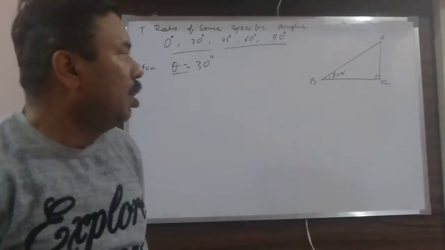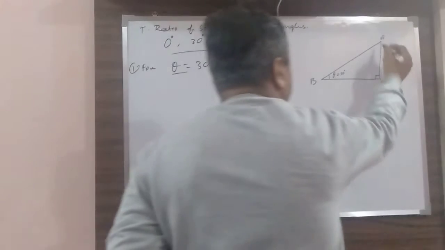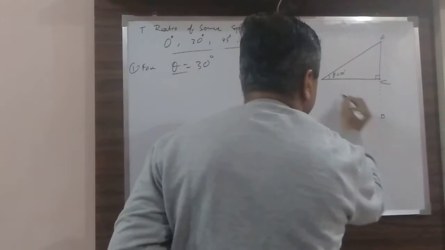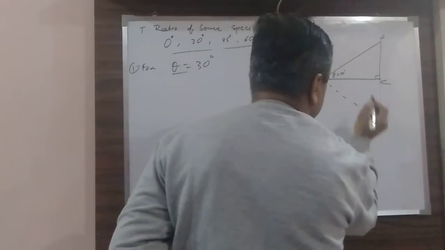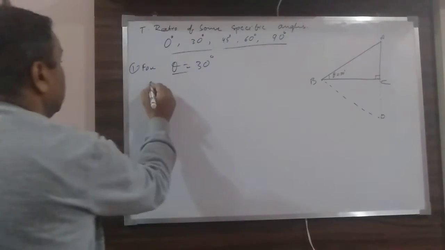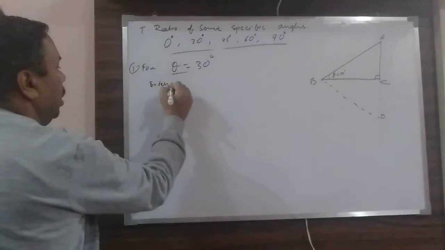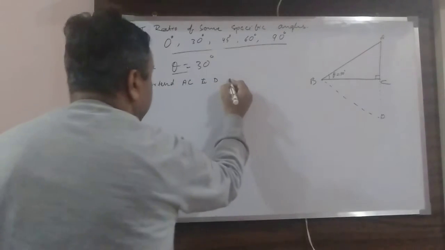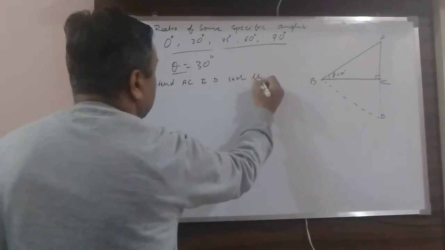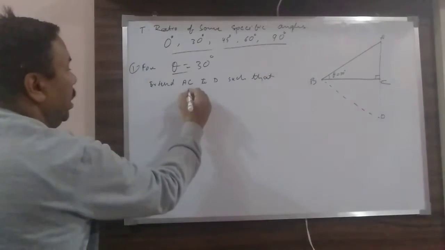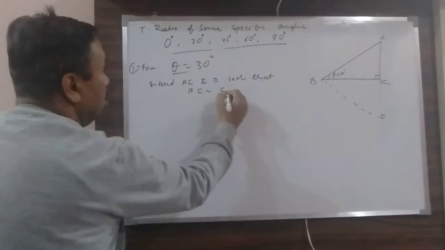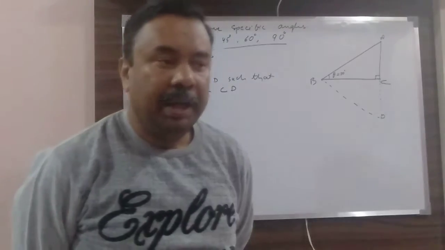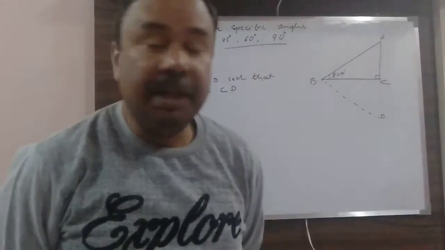What I will do, I will extend AC to D, such that AC is equal to CD. Okay, AC is equal to CD.